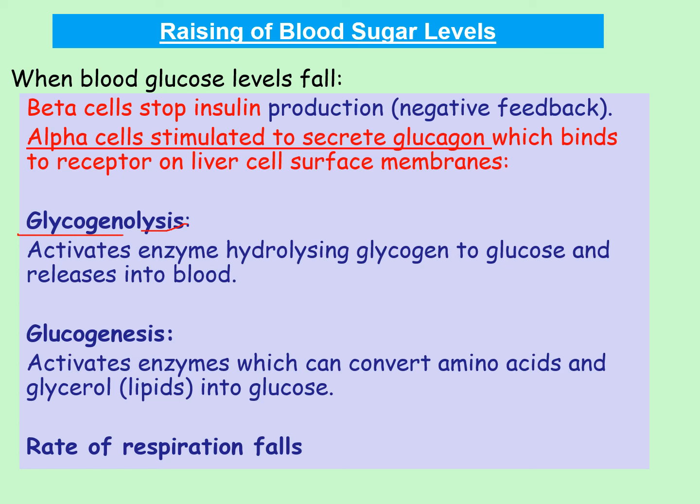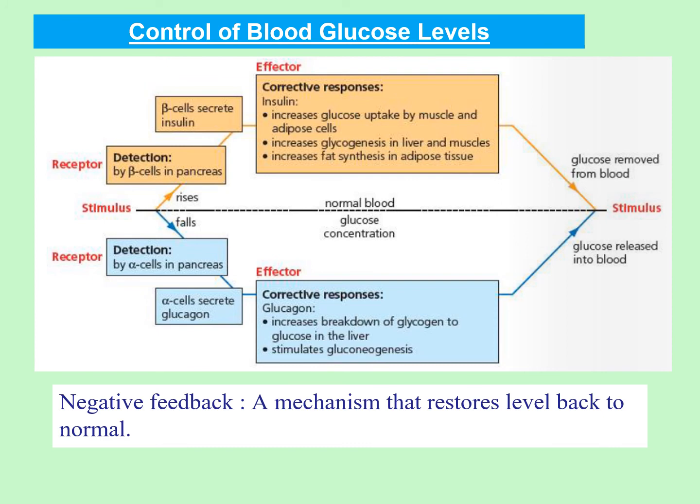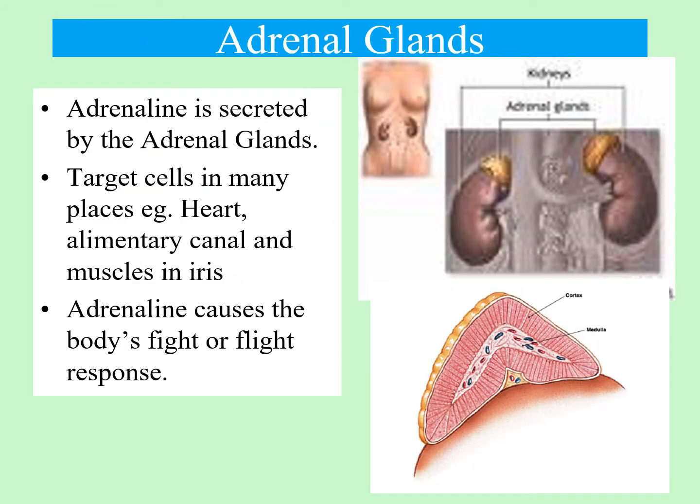Gluconeogenesis is where enzymes are activated to convert amino acids and fats back into glucose, and also the rate of respiration will fall as a result of not using up that glucose. So all of this is a negative feedback situation, because it's a mechanism used to restore the constant level that we should have, so it takes it back to a normal level.